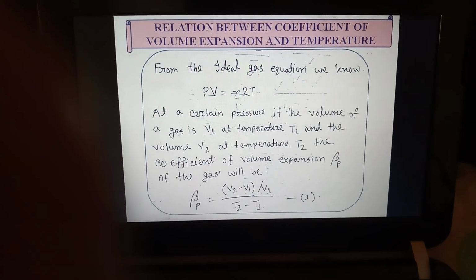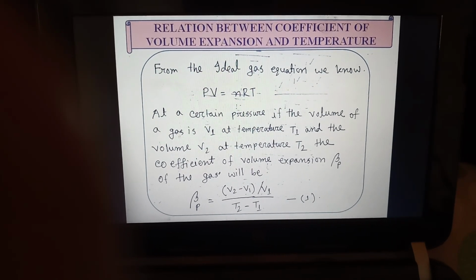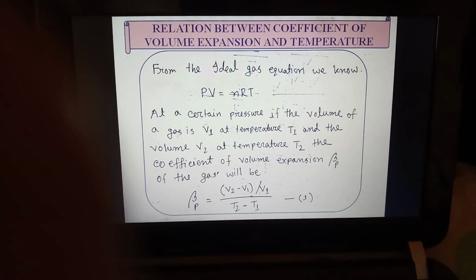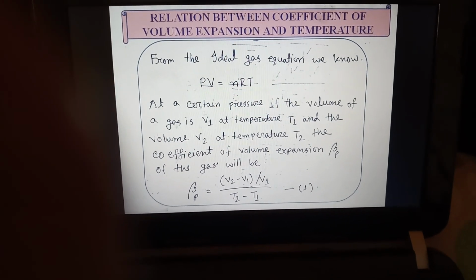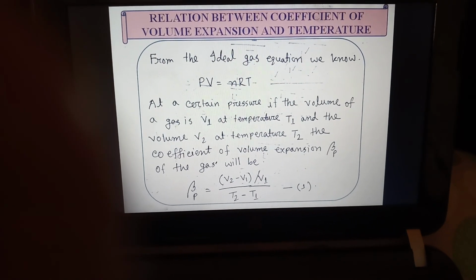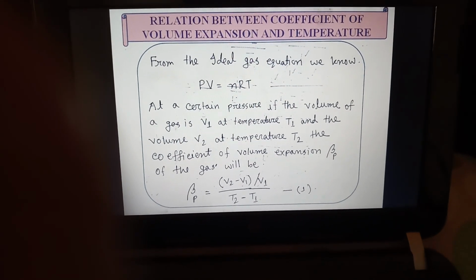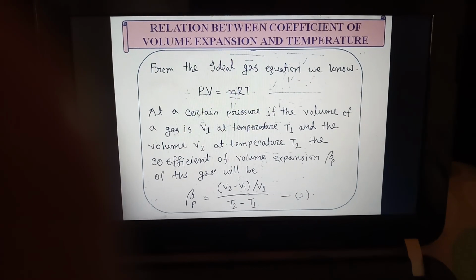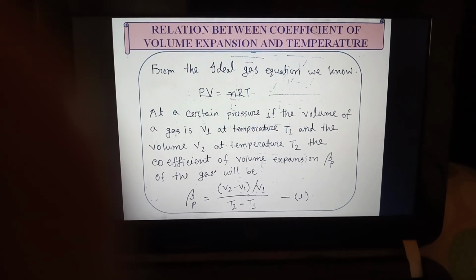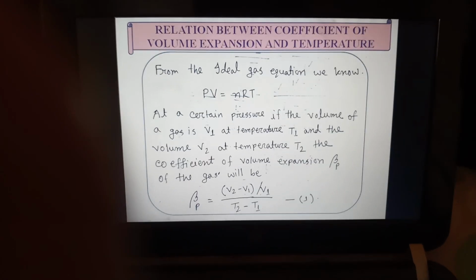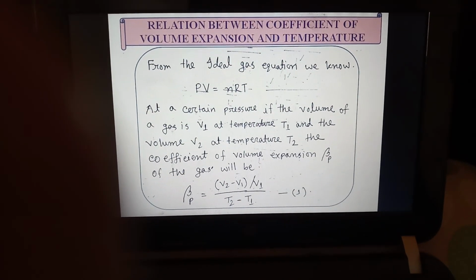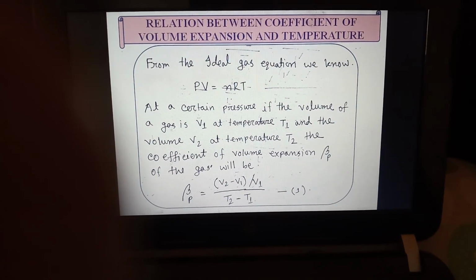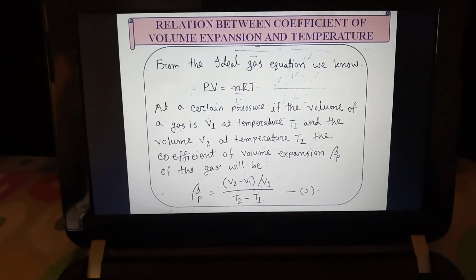Here, P is the pressure of the gas, V is the volume of the gas, mainly the volume of the container, n is the number of moles of gas, R is the gas constant, whose value is 8.314 joule per mole per Kelvin, and T is the temperature.